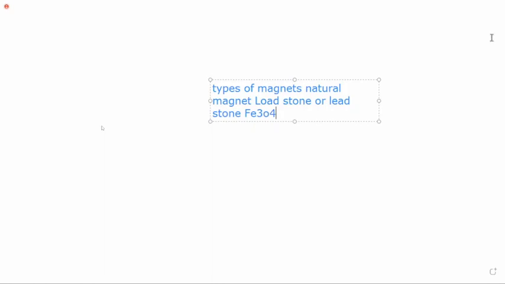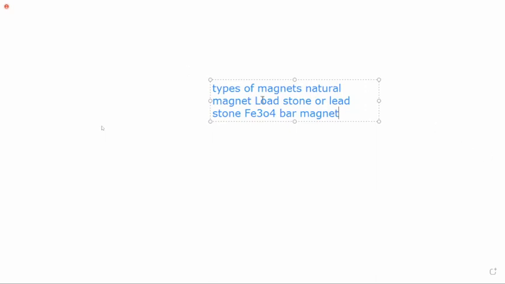Magnetic oxide of iron. That is the formula for this. Magnetic oxide of iron is called a natural magnet, which is taken out from the earth. It is also called a bar magnet.